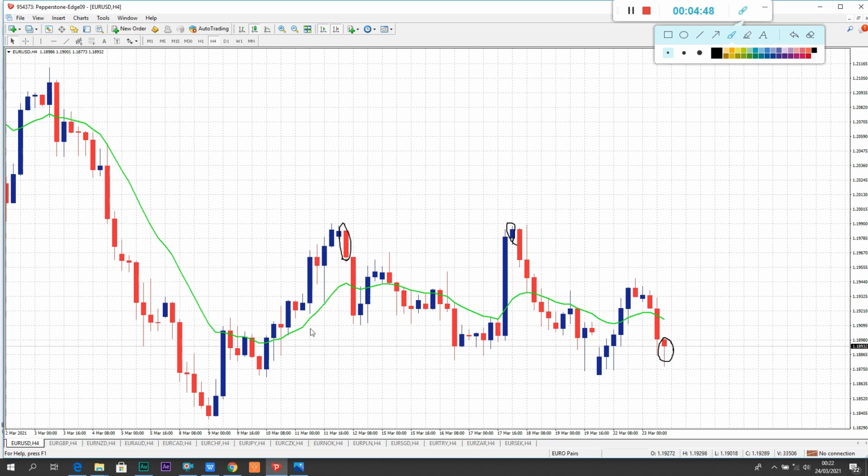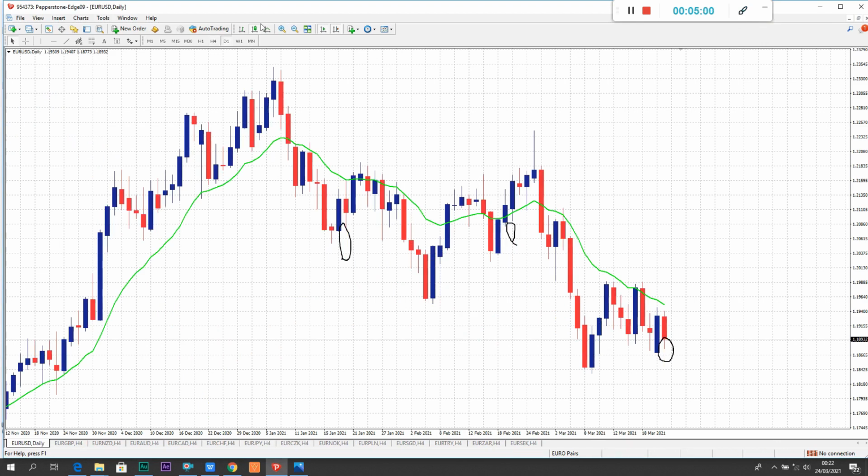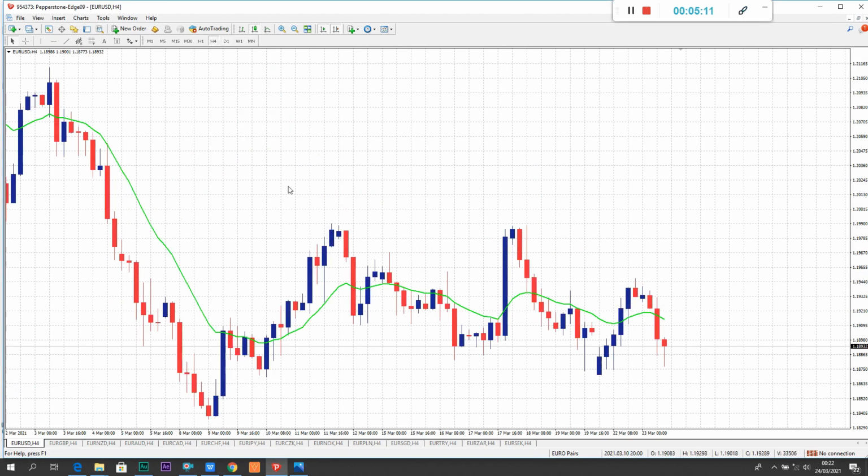Every candle you see here took a maximum of 4 hours to be formed. When it goes to day 1, that is the D1, it shows that each and every candle took 1 full day or 24 hours to be completely formed.